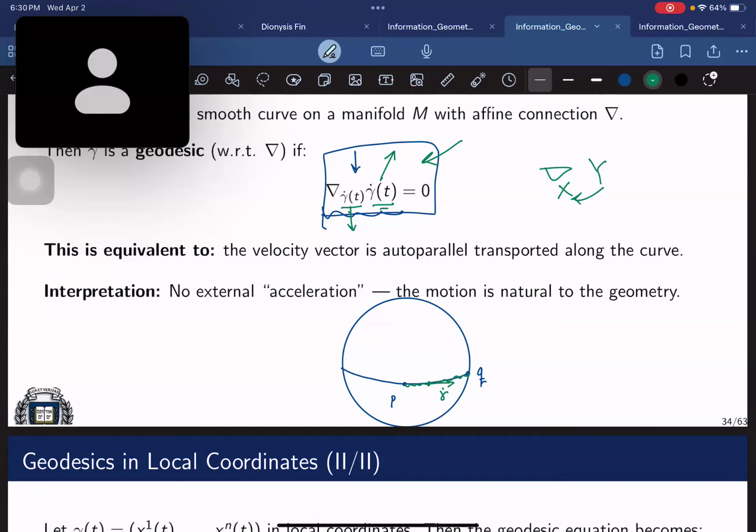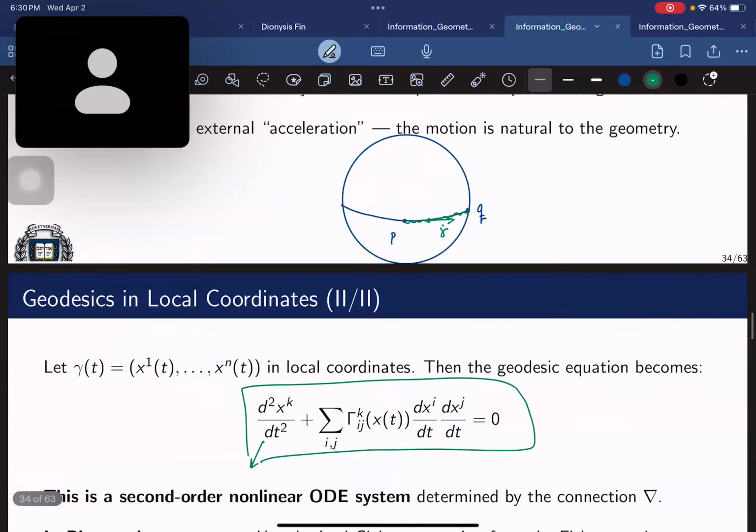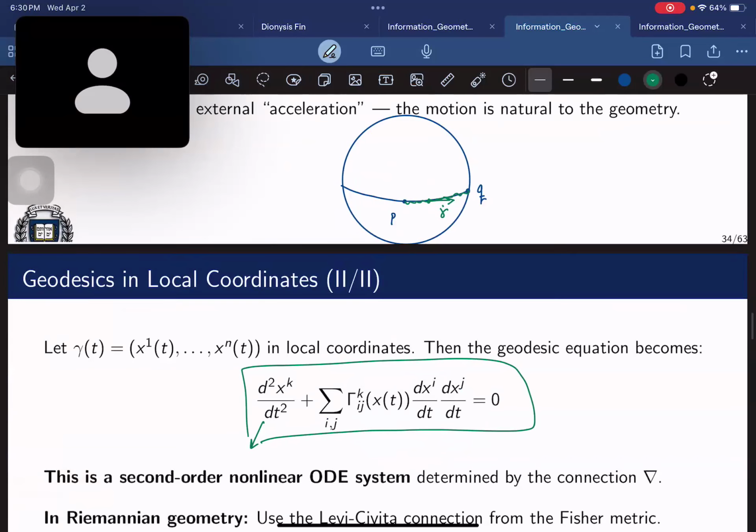It calculates the difference between Y and X if I move along X. So if I solve this with respect to X at each time t, it would give me a curve. What curve? One that is parallel to itself. If I consider moving along the curve and I calculate the connection of the tangent vector, it would be 0.